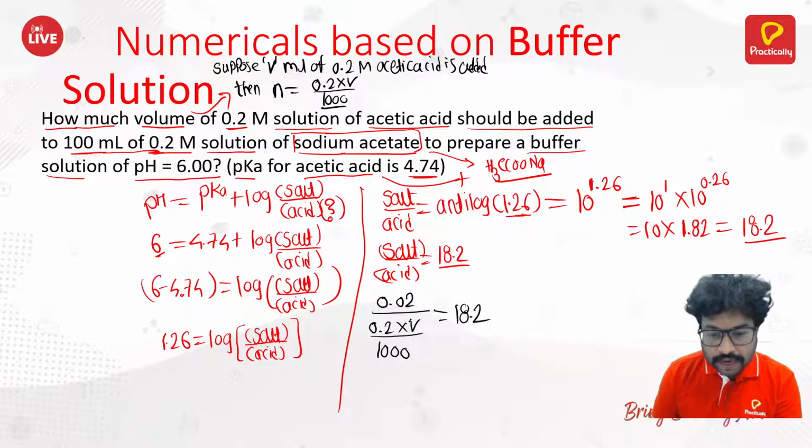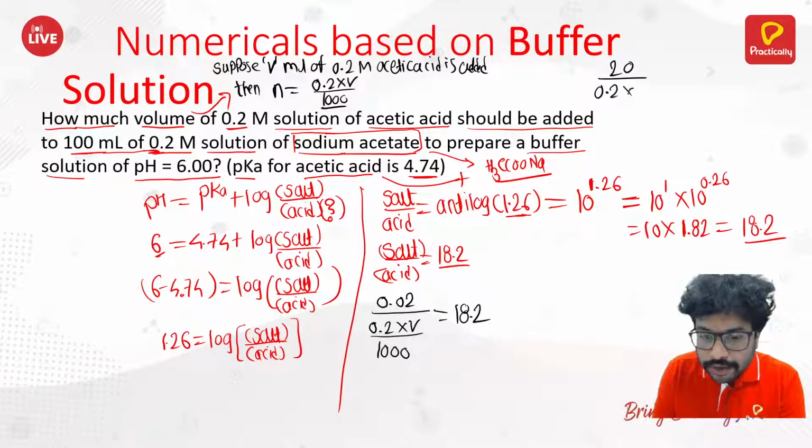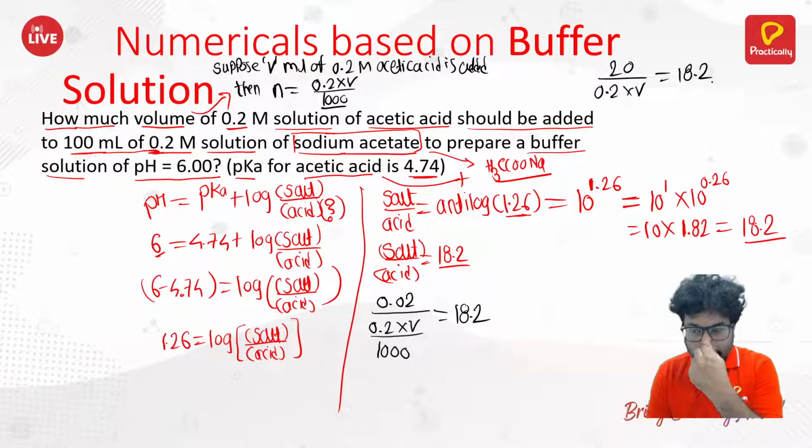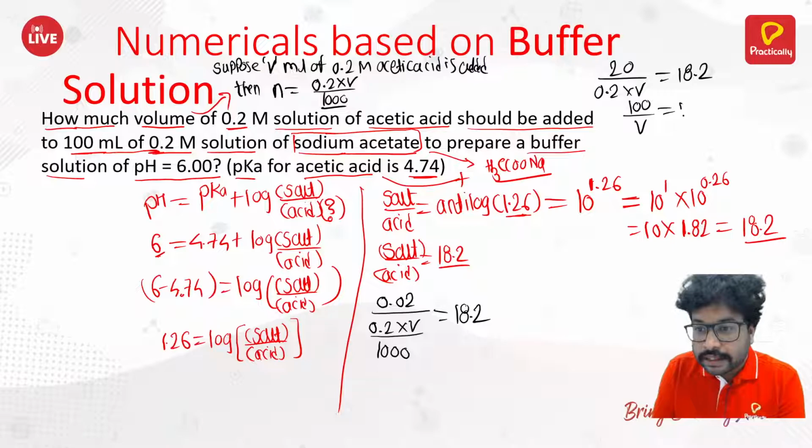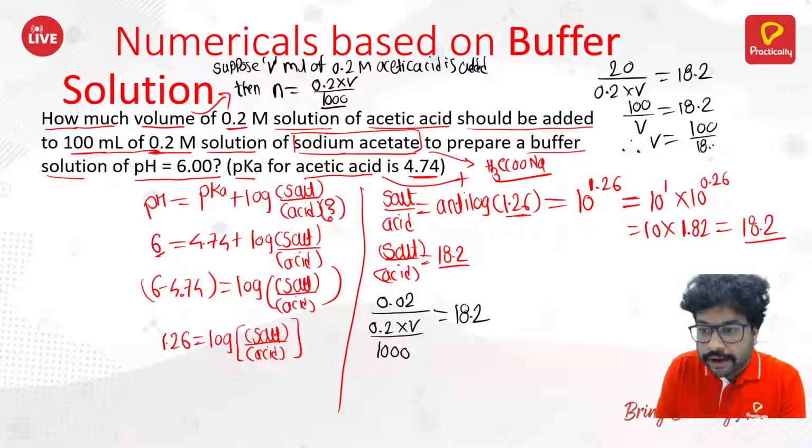So 1000 goes above, and we get 20 divided by 0.2 into V is equal to 18.2. 20 divided by 0.2 is 100. So 100 divided by V is equal to 18.2, and therefore V is equal to 100 divided by 18.2.